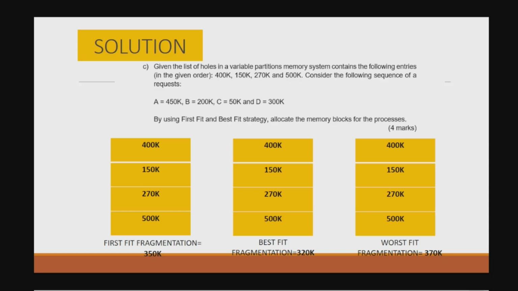So that means based on this, the best fit algorithm helps you to reduce the unused memory space. Okay, so that's all for the first example.